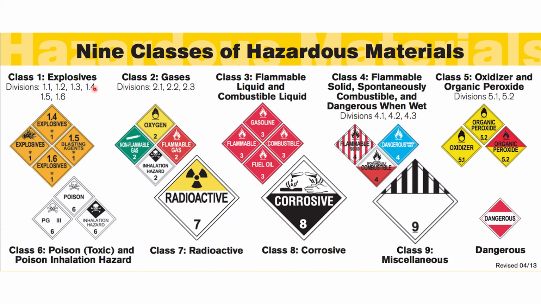Class 1 for explosives, Class 2 for gases, Class 3 flammable and combustible liquids, Class 4 flammable solids, spontaneously combustible and dangerous when wet hazardous materials, Class 5 for oxidizer and organic peroxide, Class 6 for poisonous or toxic and poison inhalation hazard, Class 7 for radioactive substances, Class 8 for corrosives, Class 9 for miscellaneous hazardous materials, and do not forget this sign here, dangerous. So that's the symbol for dangerous. It's even spelled out, so that's dangerous goods.